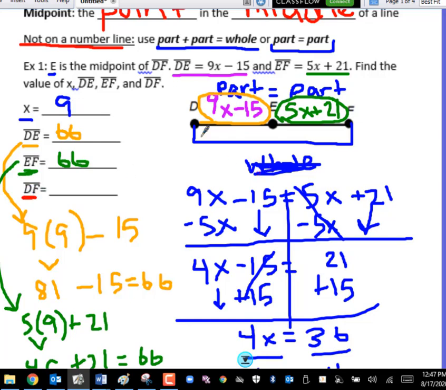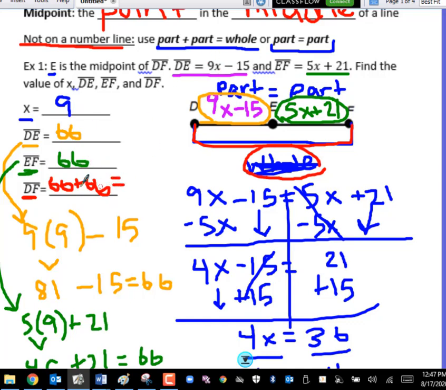Now the last thing is DF. Now DF, we said already DF was all the way across, the whole. Even though we crossed it out, it's the whole thing still. Now I don't have any x's to plug 9 into to get that number. But I do know it is the whole thing, so if you take the two sides and add them together, you should get the whole thing. So 66 plus 66, because those were the two parts. Part plus part equals whole.